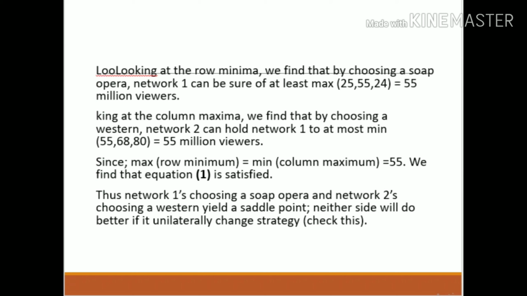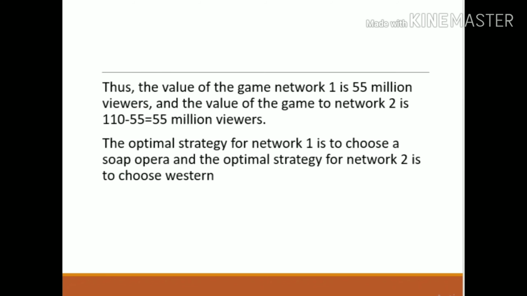Since the value of the maximum and minimum is 55 million, equation 1 is satisfied. Thus, network 1 choosing a soap opera and network 2 choosing western yield a saddle point. Neither side will do better if it changes strategy.